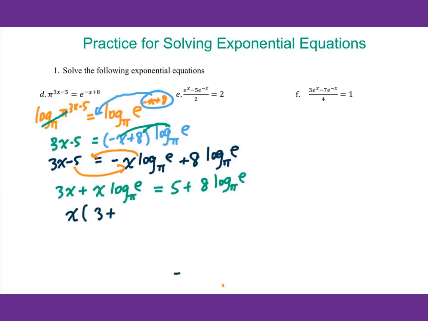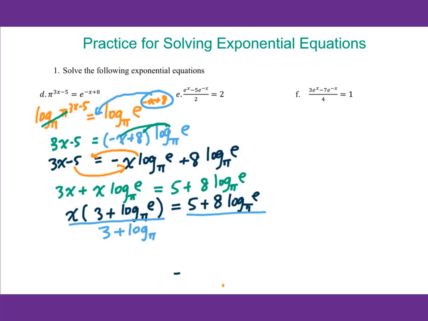We got x times (3 plus log base pi of e) equals 5 plus 8 log base pi of e. Then we divide by 3 plus log base pi of e. Then this will be your x. Put this into the calculator, you will get x equals 3.095.